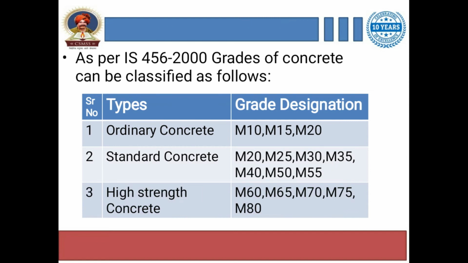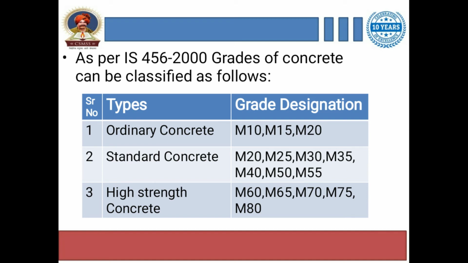Now these are the grades of the concretes. As per IS 456:2000, there are various grades of concrete. Which are those? Ordinary grades are M10, 15 and 20. Standard concrete grades are M20, 25, 30, 35, 40, 45, 50 and 55. And high strength concrete grades are M60, 65, M70, M75 and M80.